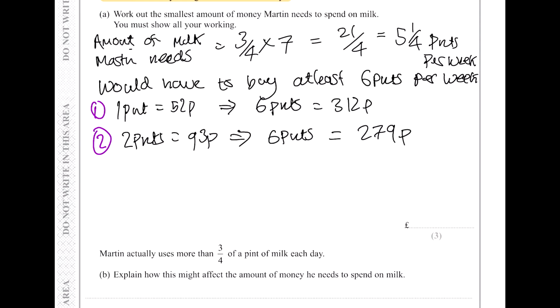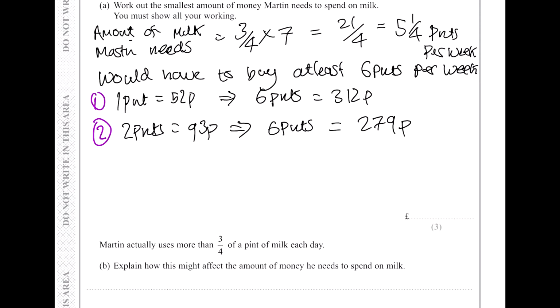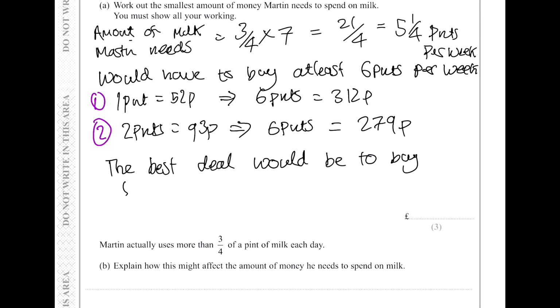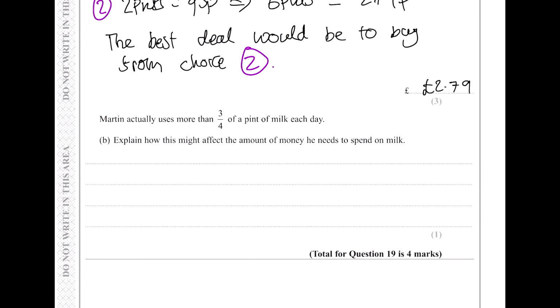So as we can see, the smallest, so the best deal, would be to buy from method or from choice number 2. And in pounds, that would be £2.79, just converting that into pounds.